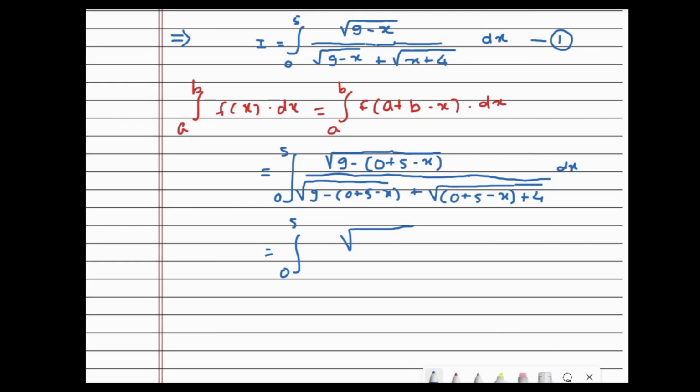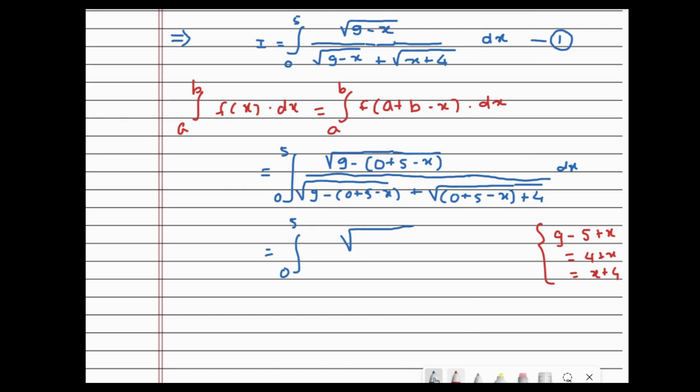See, if we simplify it, let me do it here. 9 minus pi plus x. So it will change to 4 plus x, or we can write it as x plus 4. So there is an interchange between the terms. X plus 4 will become 9 minus x, and 9 minus x will become x plus 4.